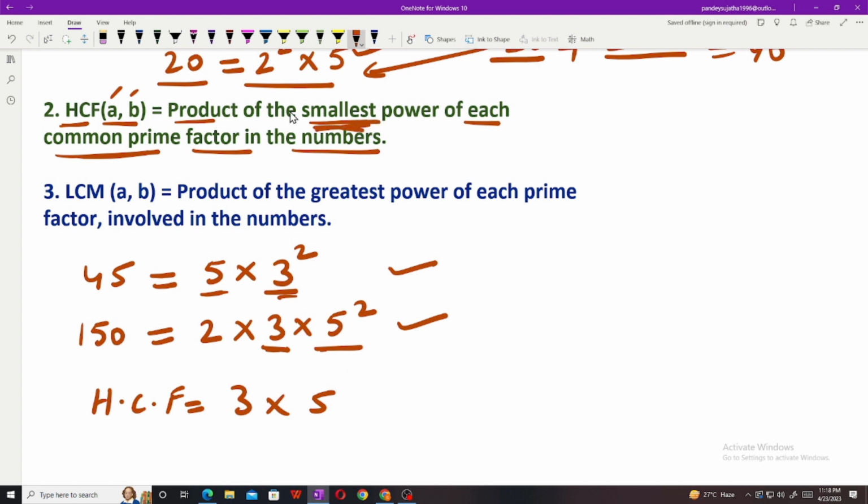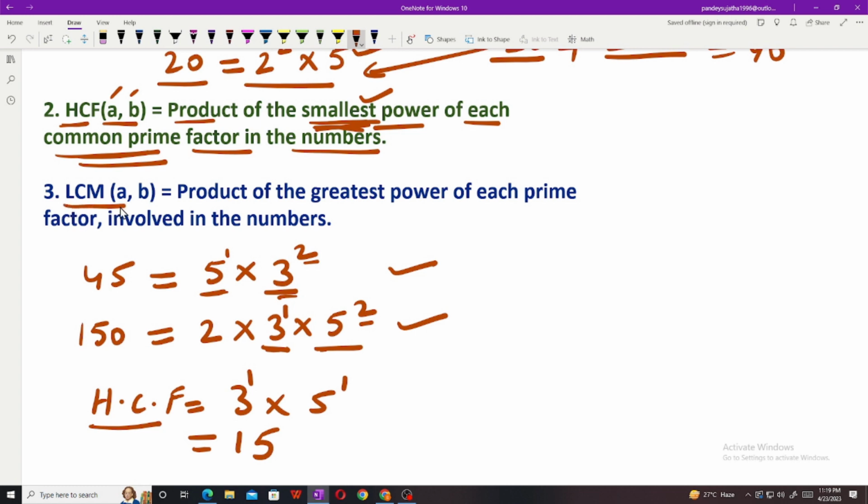Can you see? To find the HCF, we take the smallest power. The power of 3 is 1 here and 2 there, so we take 3 with power 1. The power of 5 is 1 here and 2 there, so I take 5 with power 1. So the HCF is 3 into 5, that is 15. This is the way we find the HCF. To find the HCF, we take the common factors with the smallest power.